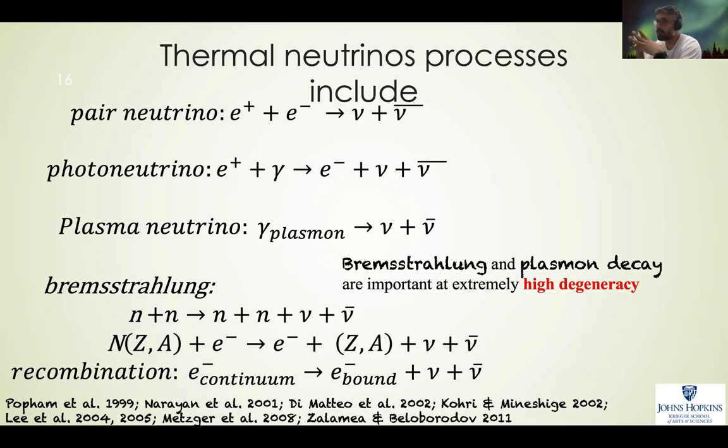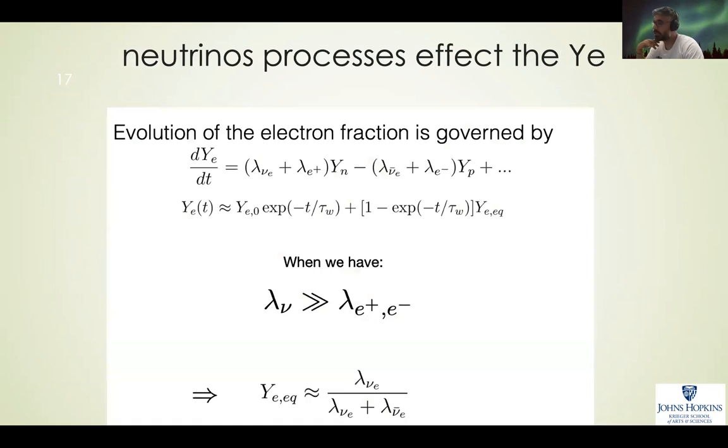This is all that we include in our simulation, where the material is ejected dynamically from the region where the neutron stars merge, and from the accretion disk that forms after the merger.